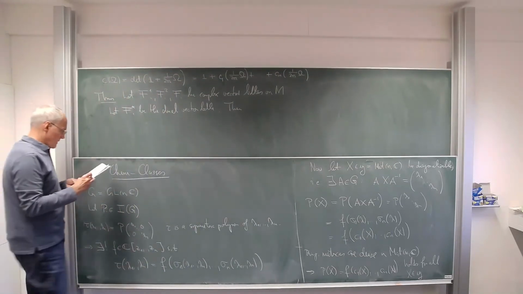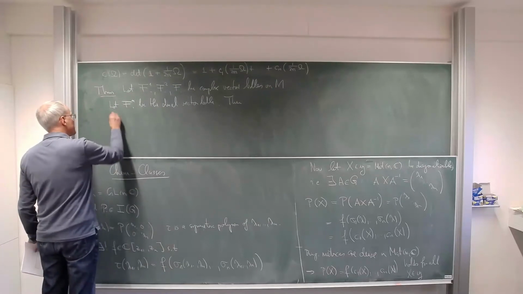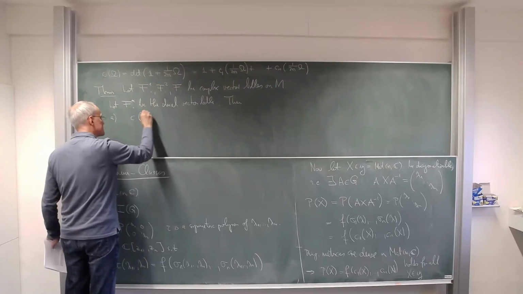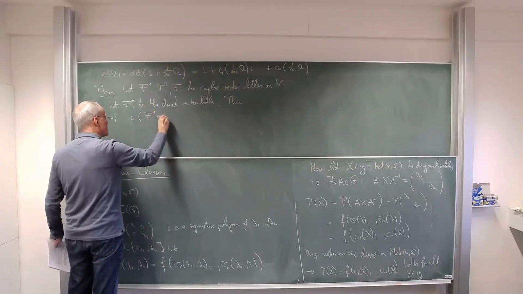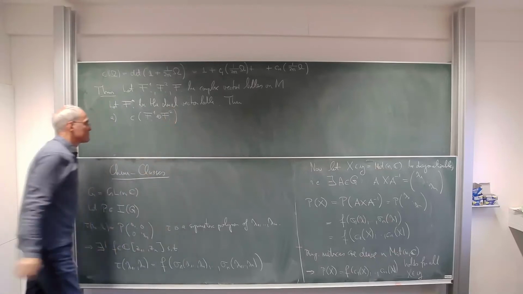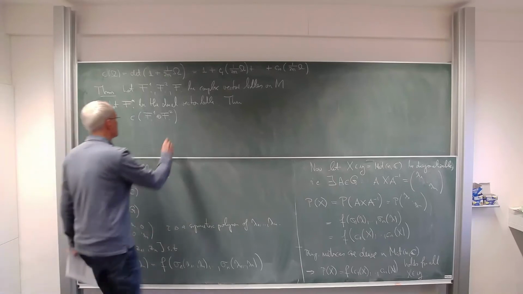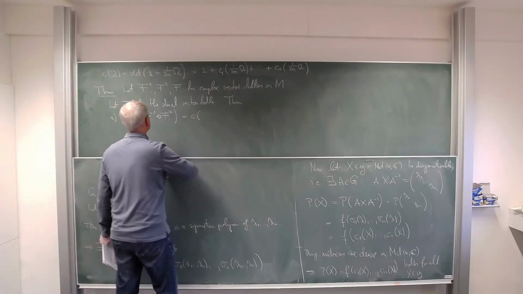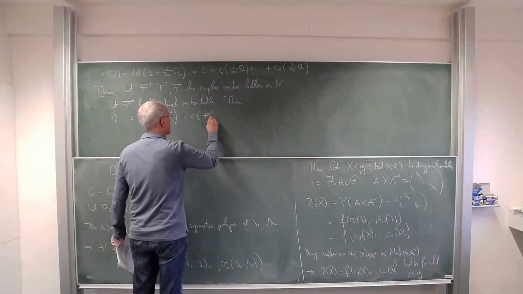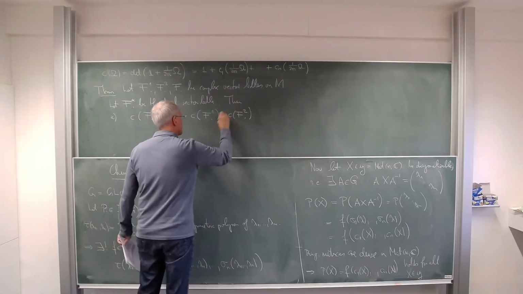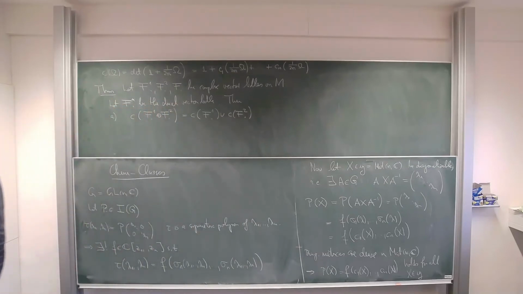And then the following holds. I want to compute the Chern class of the sum of two bundles. And there is this very nice formula where this is the same as the Chern class of the first bundle multiplied with the Chern class of the second bundle in cohomology using the cup product. And the cup product is nothing but taking the wedge product on the representing forms.